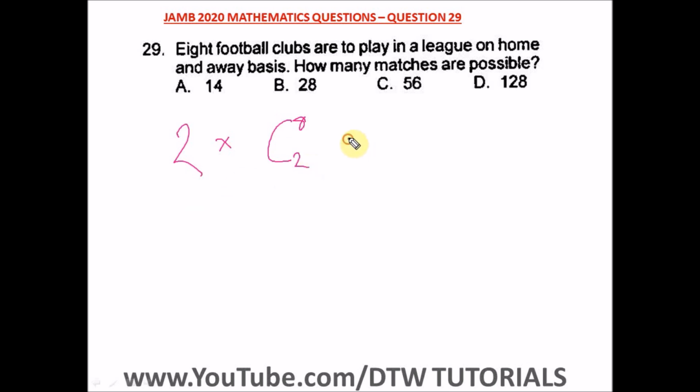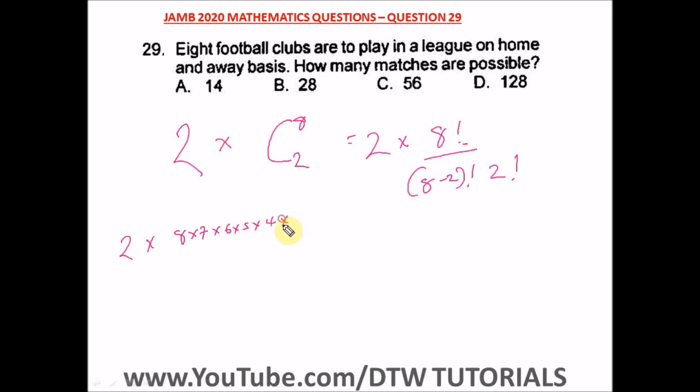So this is now 2 times 8 permutation over 8 minus 2 permutation 2. So we have 2 times 8. Let's find this. 8 times 7 times 6 times 5 times 4, mind this in brackets, times 3 times 2 times 1, over 8 minus 2 is 6.